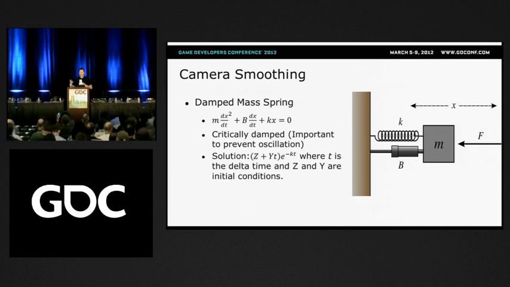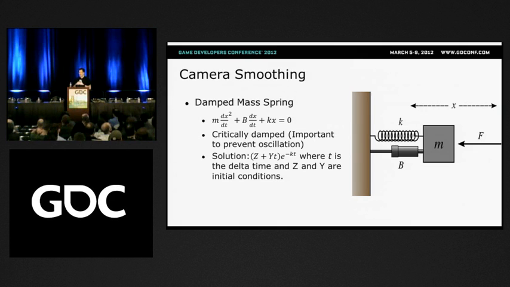So we smooth out the camera using this kind of spring system. We have a camera target, ideal position, and the position of the camera last frame. We attach a spring to it and it kind of pulls the camera around. It's not just a spring system, it is a damped spring system. Think of it like the shocks on your car. It's a spring, but it's also softened with a damper.